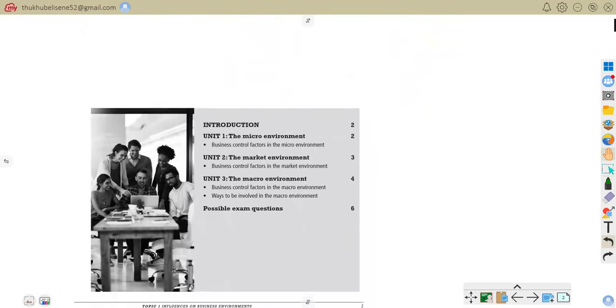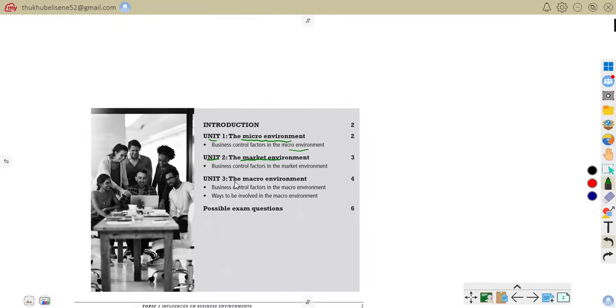Under this topic, we are going to look at the micro environment, where business control factors in the micro environment. In unit 2, we'll be looking at the market environment, where we know very well that business control is very limited.